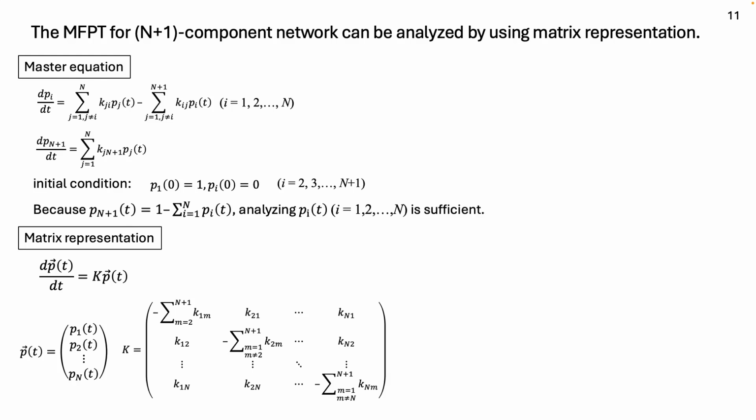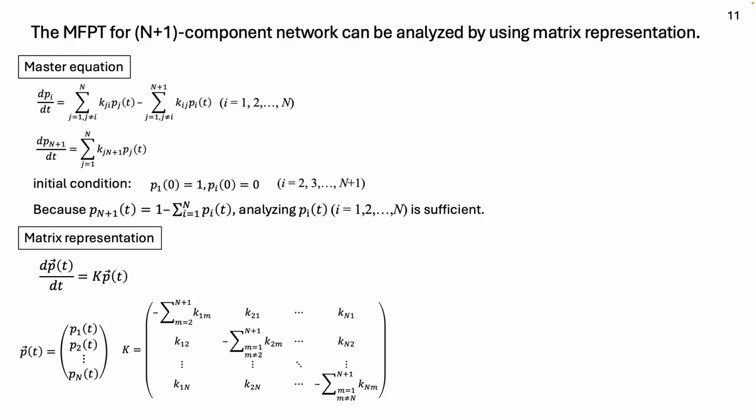Maybe the path is disconnected. Singularity, yeah, that's right. Maybe the network is disconnected, and a column or row is 0. So in this case, the matrix is singular.